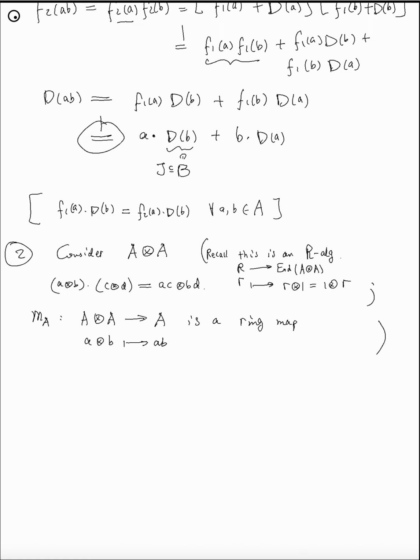And now, after the recall, denote J to be the kernel of this. And so in particular, this is the idea of this ring. This R-algebra in particular, it is a ring.